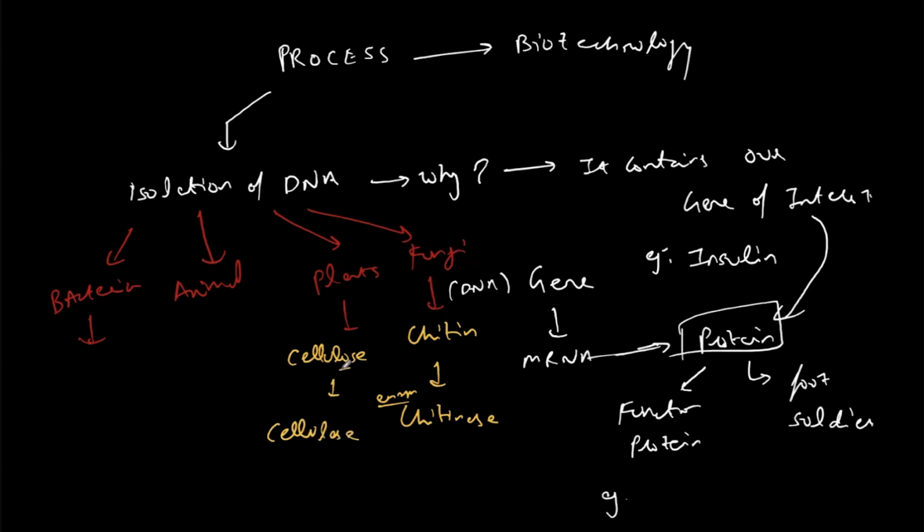The difference is here there is O, but here we are using ACE. Then animal cells do not have any cell wall, just one plasma membrane, so it is fine. The bacterial cell wall is made up of peptidoglycan. This is again a special polymer. To break that, we'll use lysozyme, which again is an enzyme.